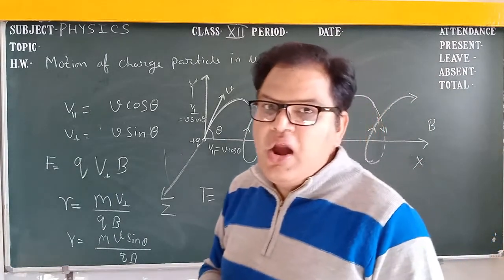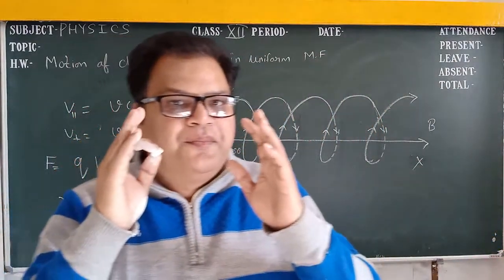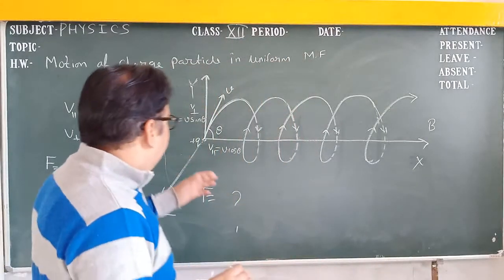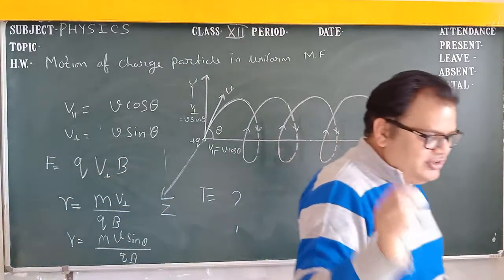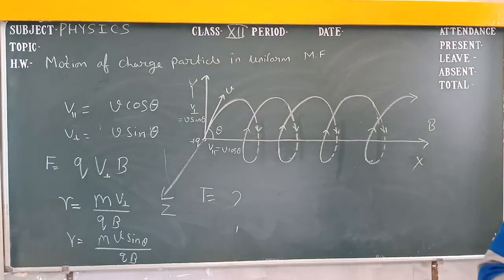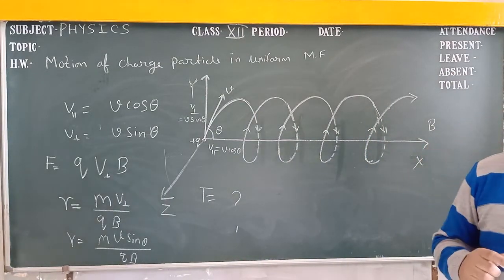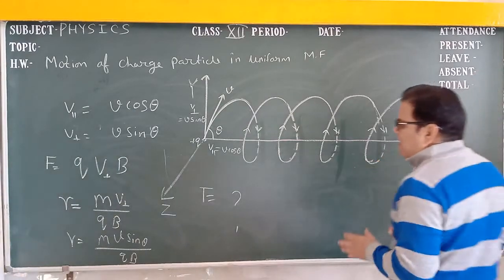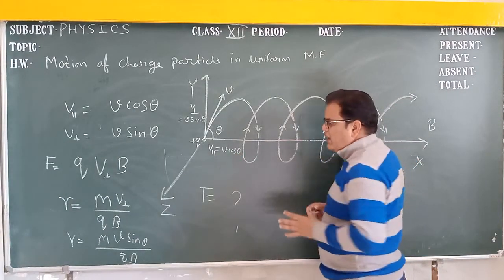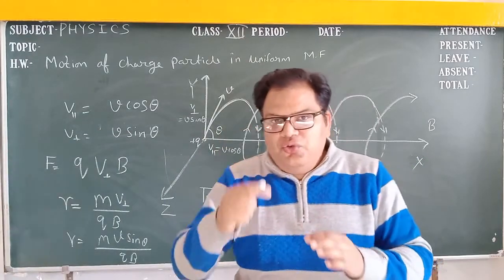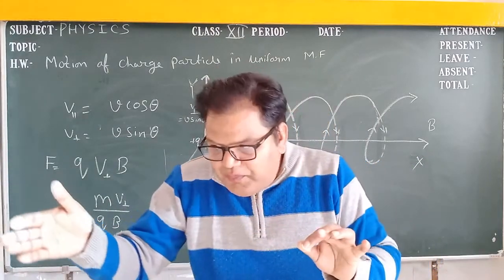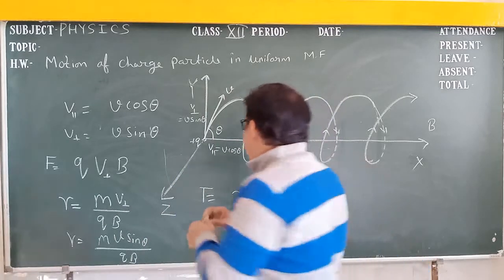But now we are taking the parallel component. Just listen carefully. Due to the parallel component V cos theta, the charged particle also moves parallel to the x-axis. Just look at it.